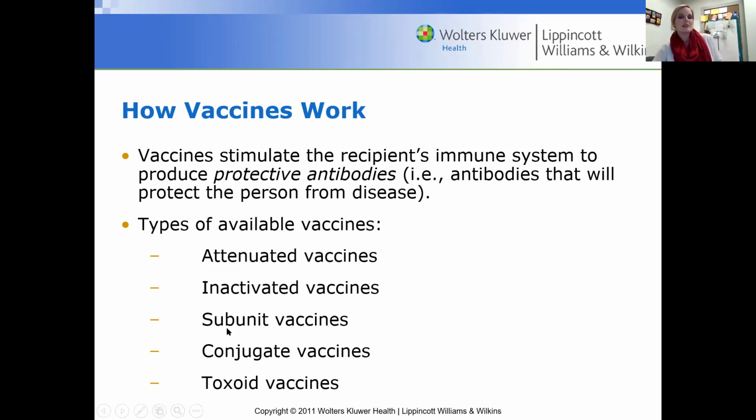A subunit vaccine, maybe you can tell by that name as well, is only a part of that pathogen. Scientists have figured out that this type of vaccine can still work if we take the antigenic portion of a pathogen, which is the antibody stimulating portion, but not the whole thing. So it's just a part of the pathogen.